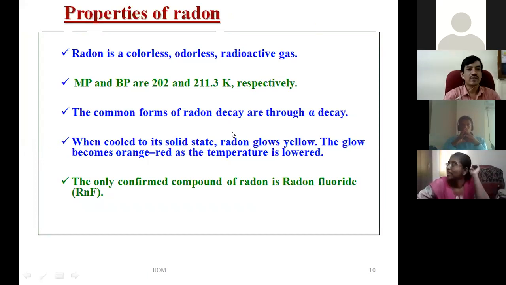Regarding the properties of radon, it is a colorless, odorless radioactive gas. In normal atmospheric conditions, you will find it in gaseous form. It undergoes radioactive decay by emitting alpha particles.